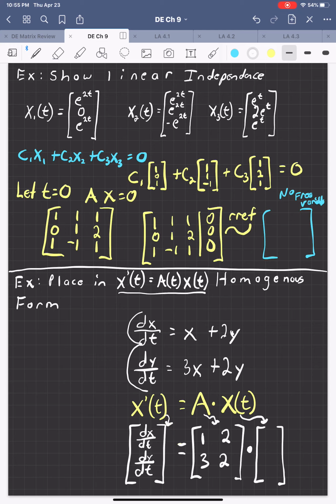So the last part is going to be just the variables that you're dealing with, right? So x sub 1s, x sub 2s, x sub 3s. In our case, it's x, y. All right, so we were able to go from one form to the other form. Let's continue.